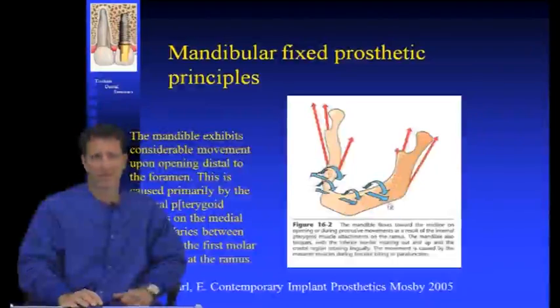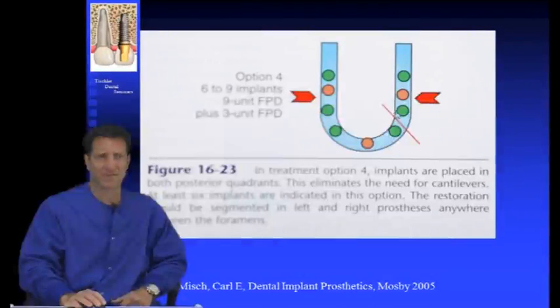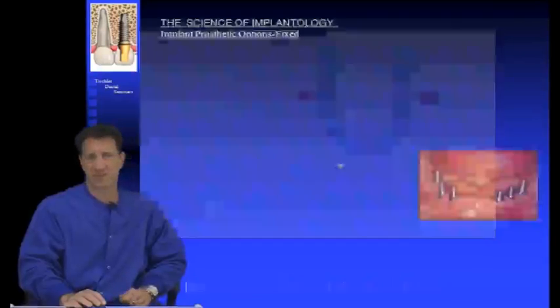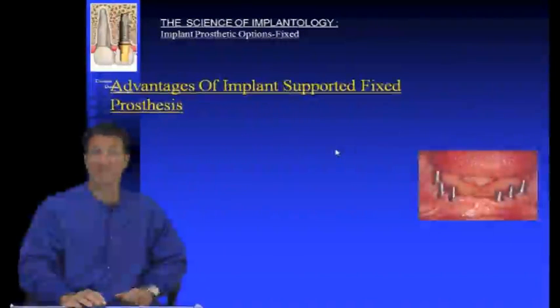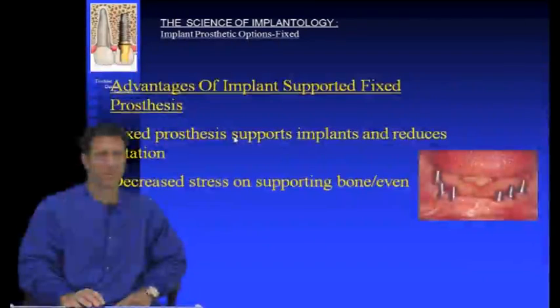The advantages of a fixed prosthesis in general is that the fixed prosthesis is supported by the implants, and there's less stress. The final restoration in general is more similar to natural teeth, especially with an FP1 situation. And the literature shows that there's more longevity of the prosthesis when you have an FP1, 2, or 3 situation.